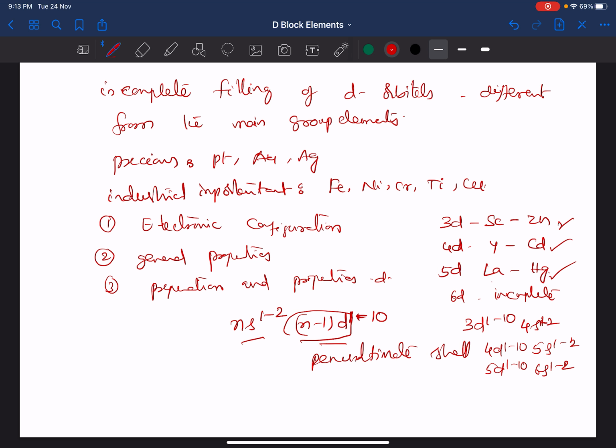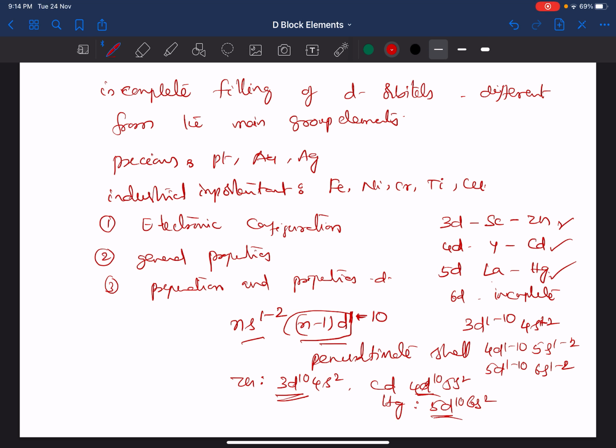For example, the electronic configuration of zinc is 3d10 4s2, for cadmium it is 4d10 5s2, and for mercury it is 5d10 6s2. So these all have a completely filled d orbital.